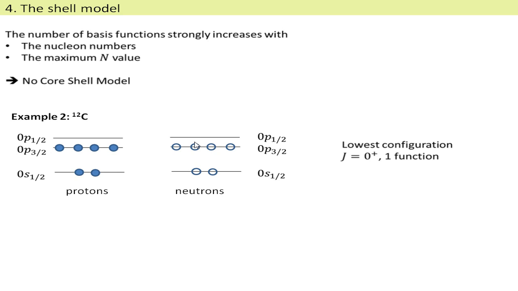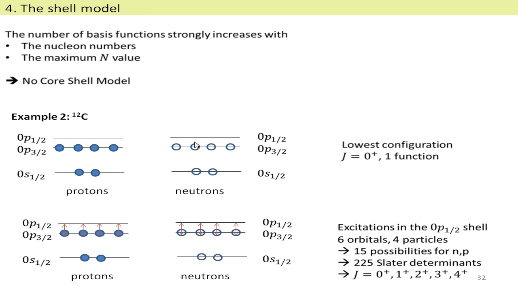It's easy to show. But now imagine that you consider the p1/2 excitations. Here you would have 6 possibilities, not 4, and you have to put 4 particles in 6 possible orbitals. So it means that you have 15 possibilities for protons, 15 possibilities for neutrons. So it means 225 Slater determinants.